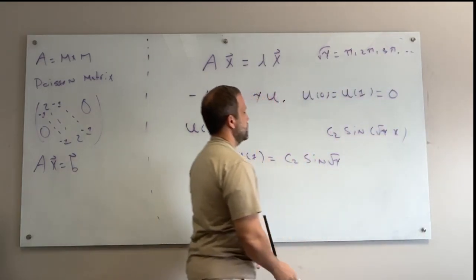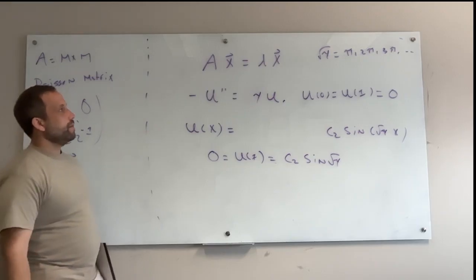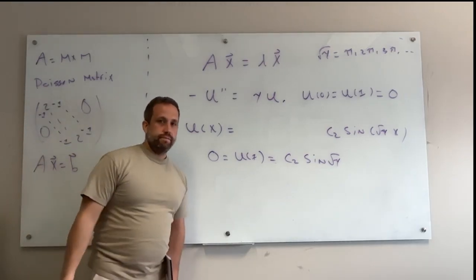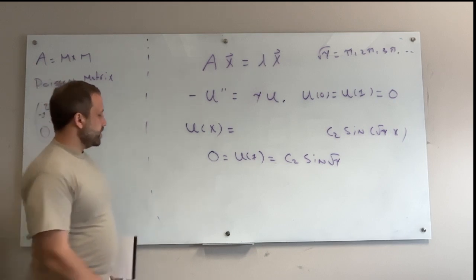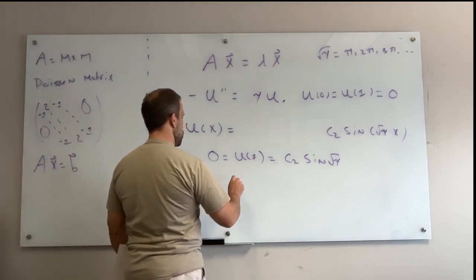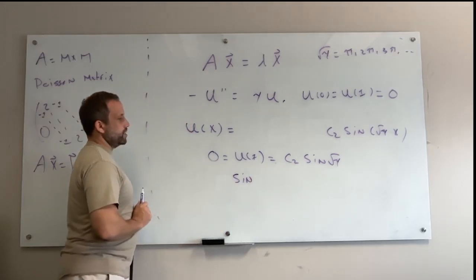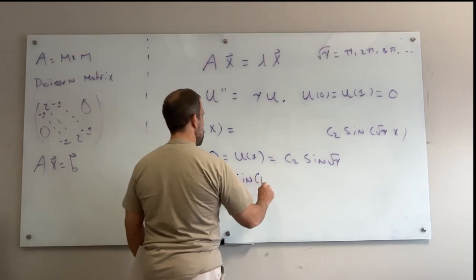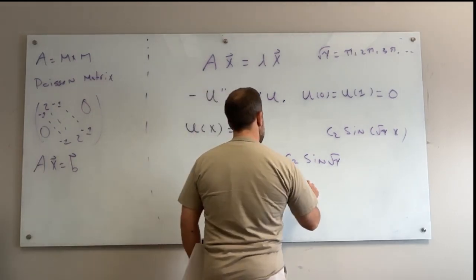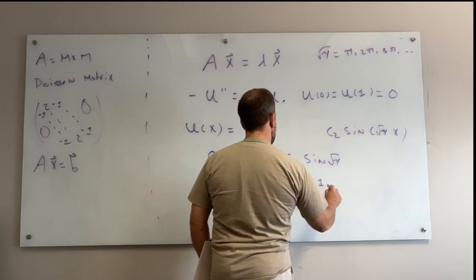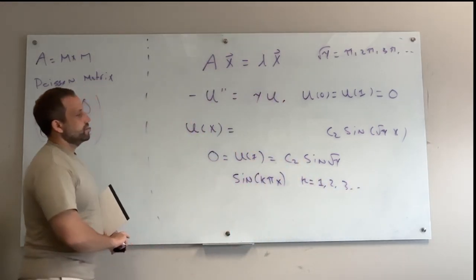Or equivalently, gamma is equal to pi squared, 4 pi squared, 9 pi squared, and so on. And then the corresponding eigenfunctions are going to be sine of k pi x for k equals 1, 2, 3, and so on.